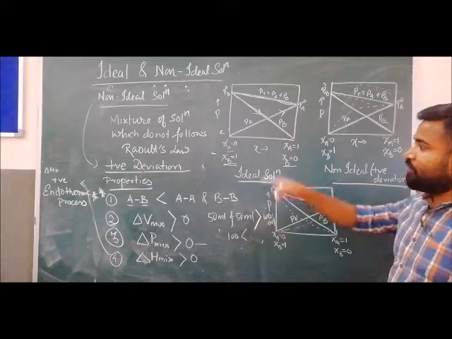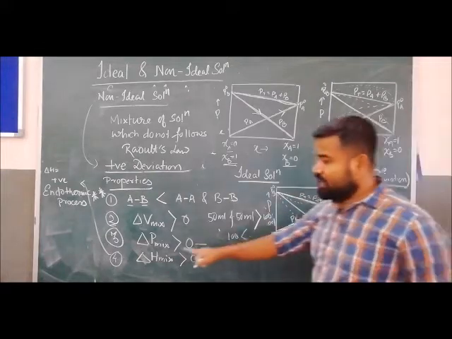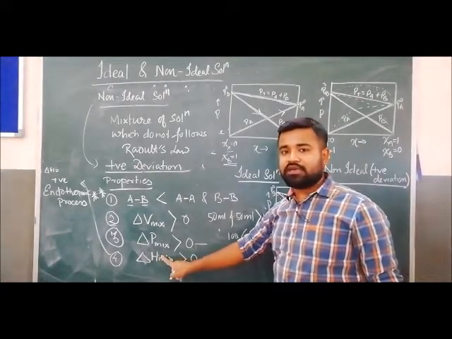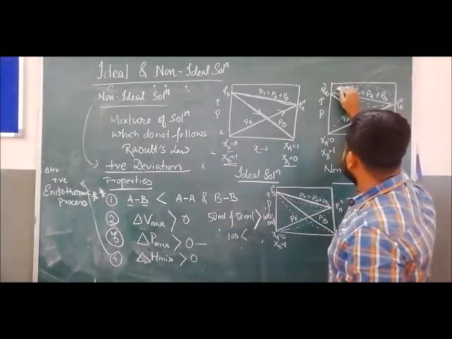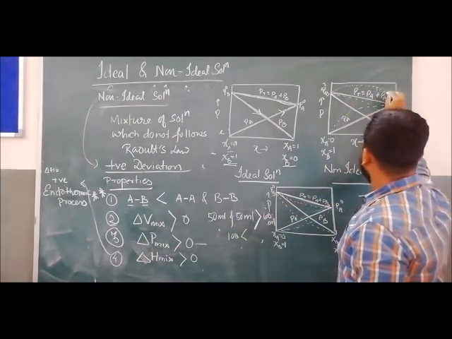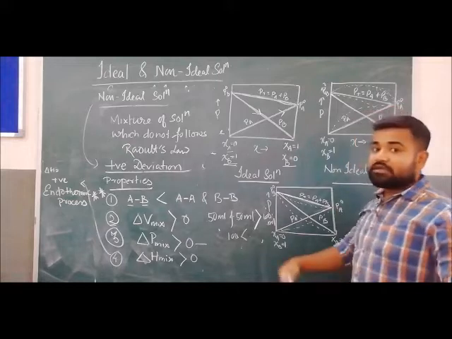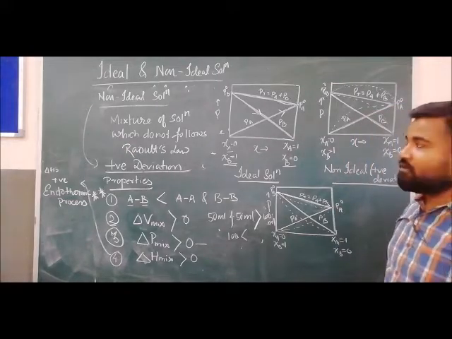But when there is a positive deviation, delta P mixing is greater than 0, means the vapor pressure increases. So this dotted line represents the vapor pressure after the solution.